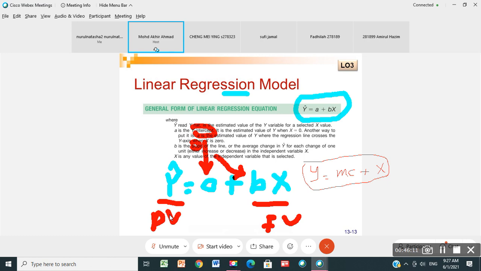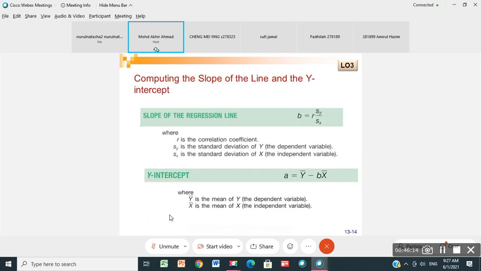Okay, next we learn how to get the B value, then how to get the A value. This one comes from y hat equal to a plus bx. So A, this formula comes to here, and the B, sorry, the other way around.